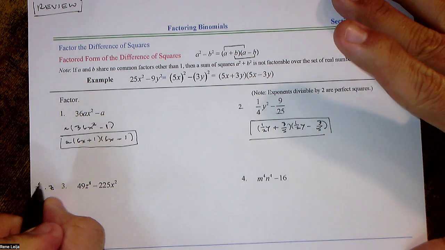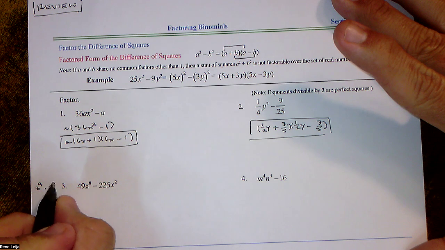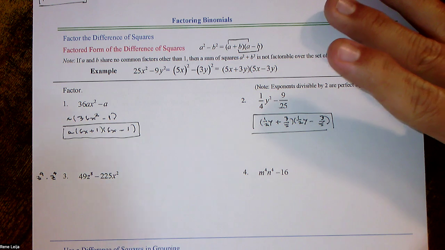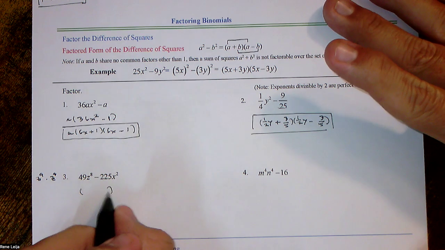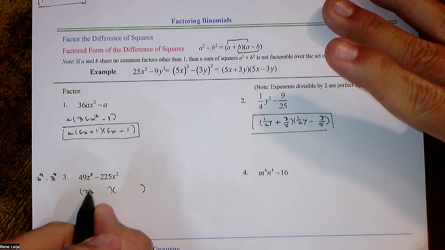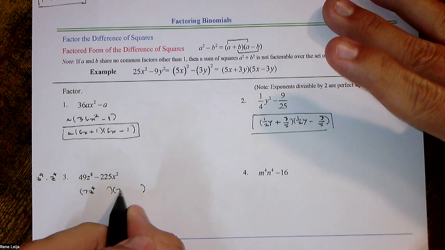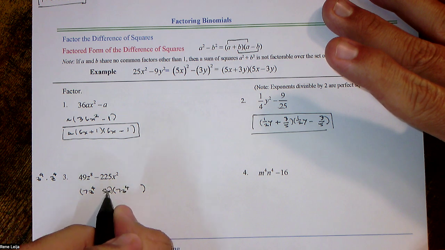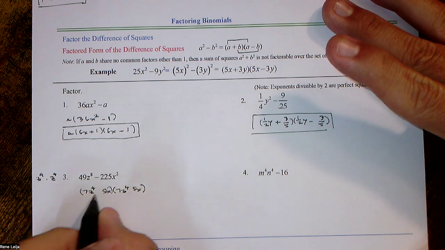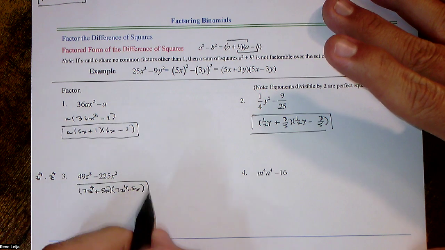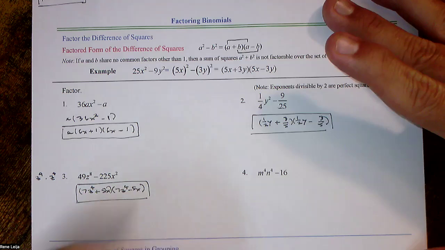So this would have to be a z to the 4th and a z to the 4th. Okay, so this is a difference of squares. So 7z to the 4th and a 7z to the 4th. This would be a 15x and a 15x. One is plus, one is minus, and that's it.